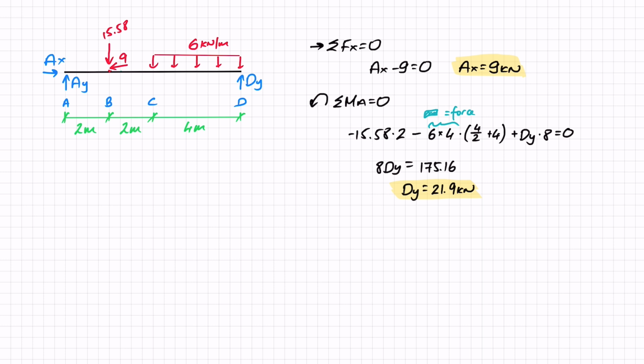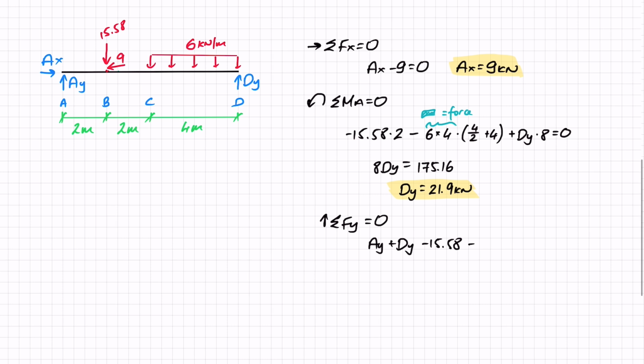And the last thing that I'm going to do is the sum of forces in the y direction, with this being my positive direction. And in this case, I've got AY plus DY minus 15.58 and minus the force given by the UDL, which, as we said, is 6 times 4.